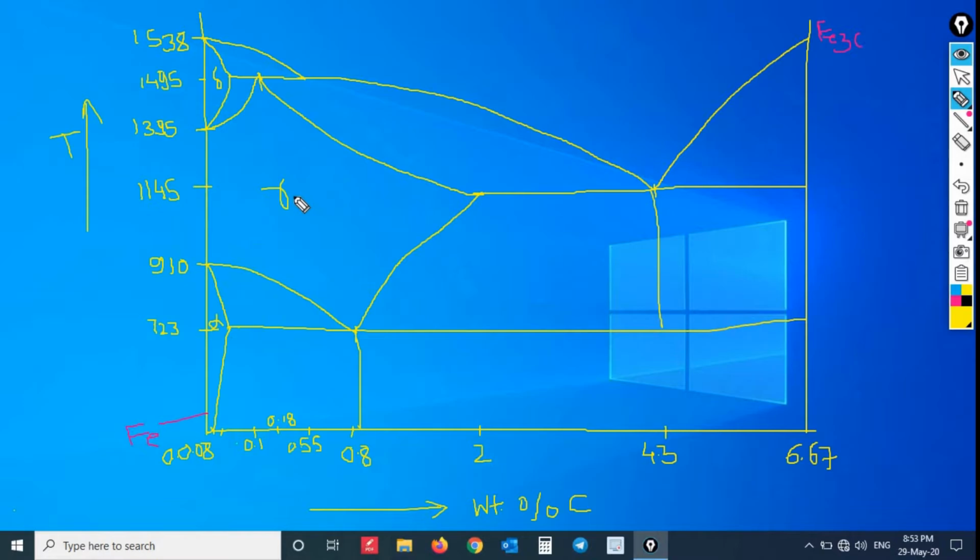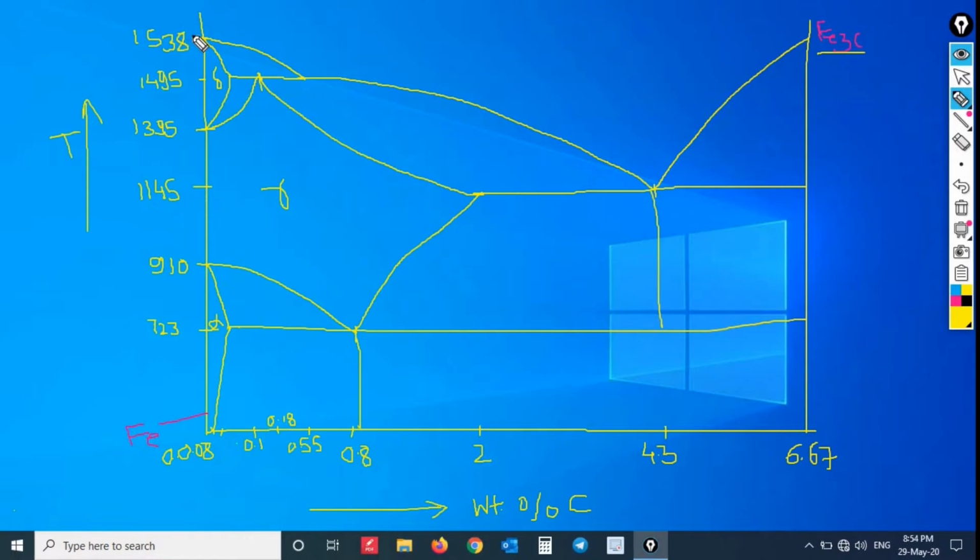So alpha iron, gamma iron and delta iron are the three iron structures at three different temperatures. These alpha, gamma and delta are solid solutions, and Fe3C is a compound, because carbon is soluble in alpha iron, gamma iron and delta iron. Here the carbon is not soluble; this is a compound.